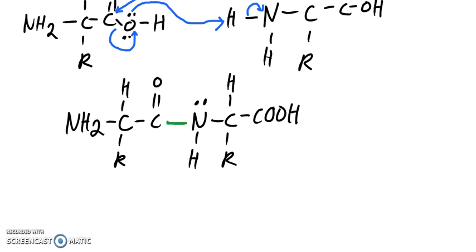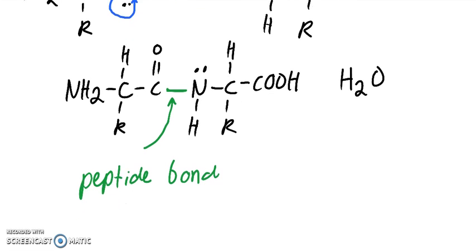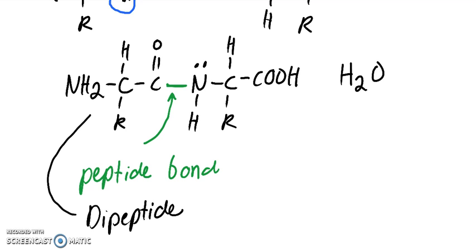And the other product here is water. So this is also a dehydration reaction because water is a product. Okay, so this new bond that formed, we call this a peptide bond. That's a new bond formed. And this new structure that we just created, we can call this a dipeptide because there are two amino acids put together.